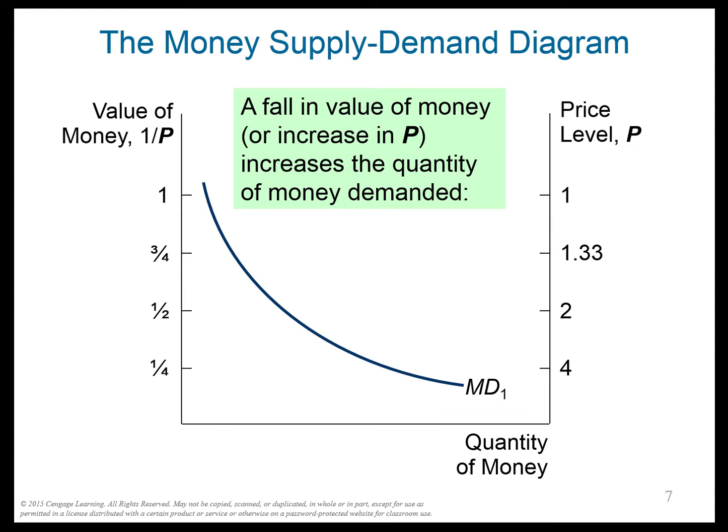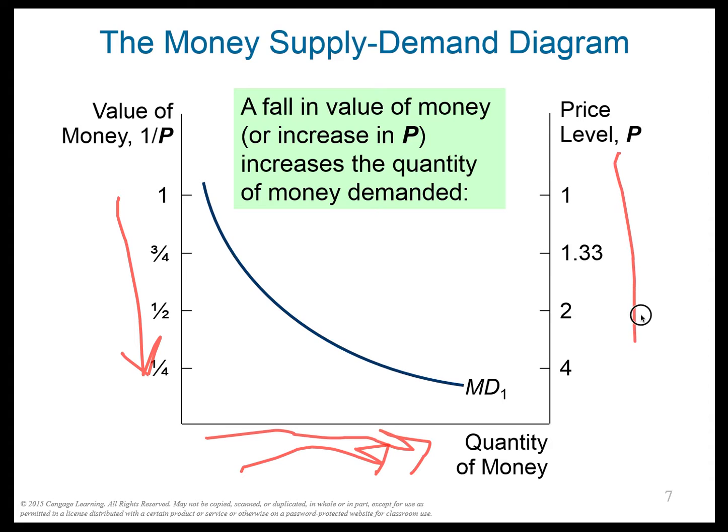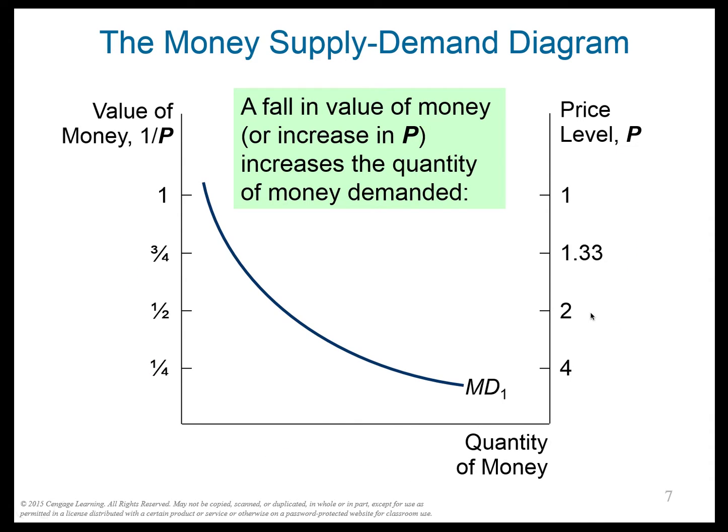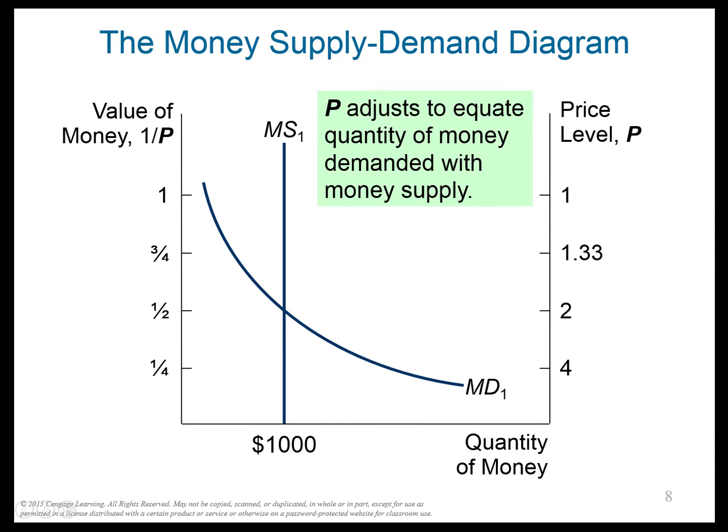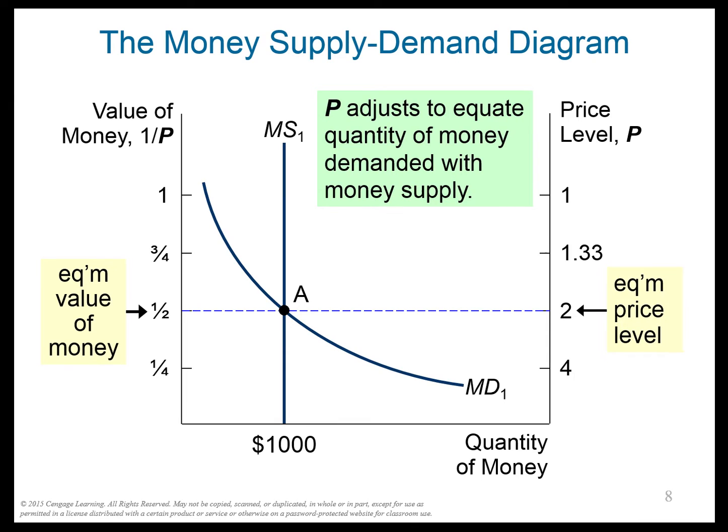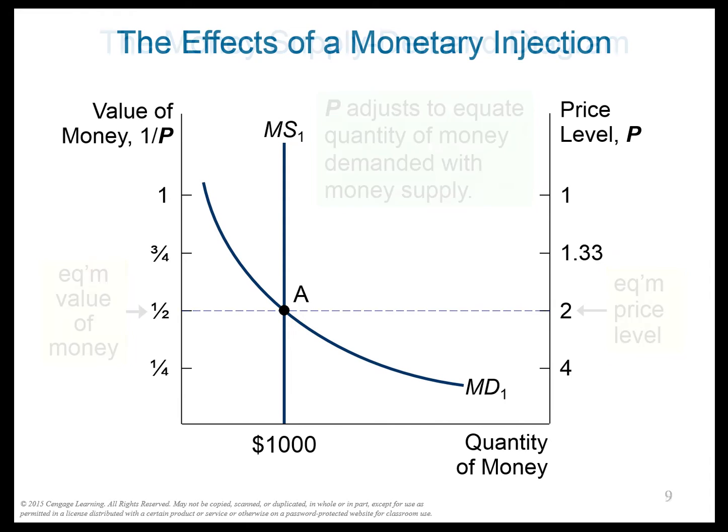In other words, people want more money as the money gets more worthless. That's another way of saying people want more money as the price level goes up. So in this supply and demand graph, we have the equilibrium value of money and an equilibrium price level. Just like always, we set supply and demand equal to each other.